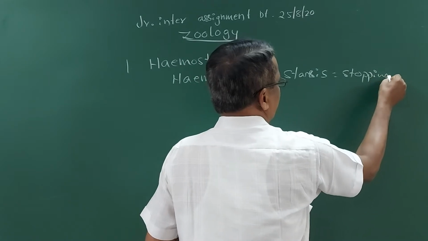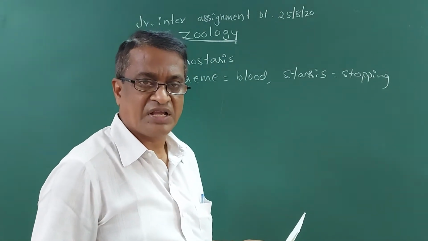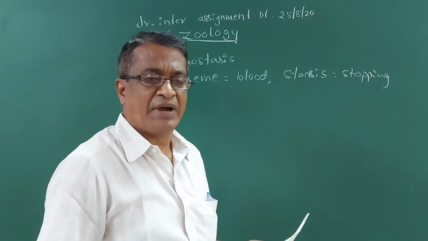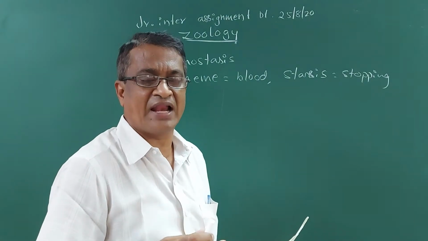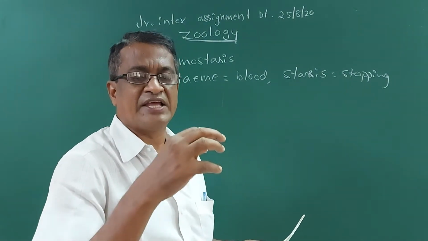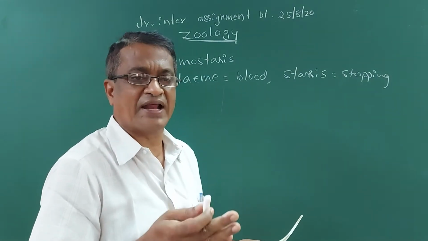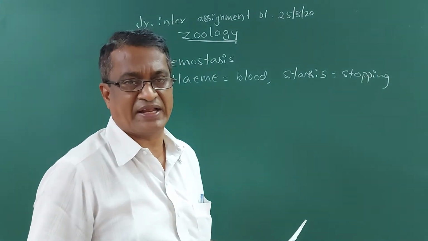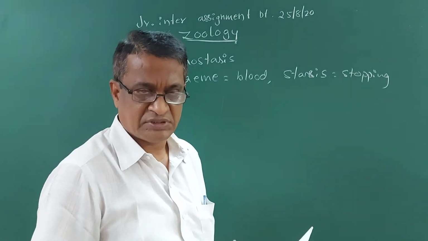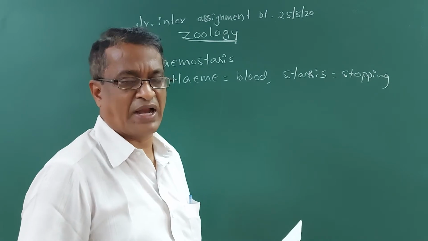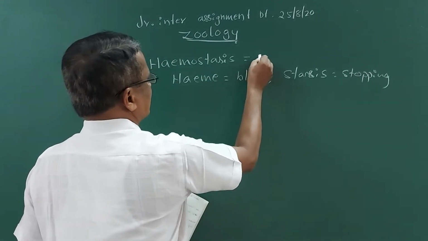When we receive an injury, the blood vessels break, causing bleeding. But the fluid blood becomes a jelly-like material, blocking the injured blood vessel. It gets converted into a jelly-like material called a clot or a coagulum that stops bleeding. So clotting is also called hemostasis.